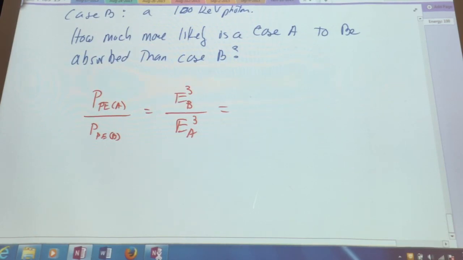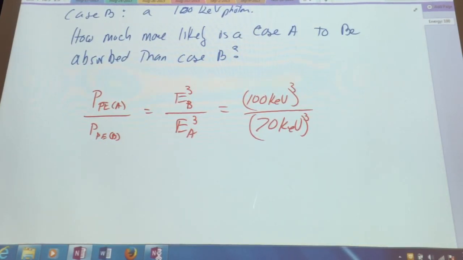So this is 2.92. And then we put it into a sentence.